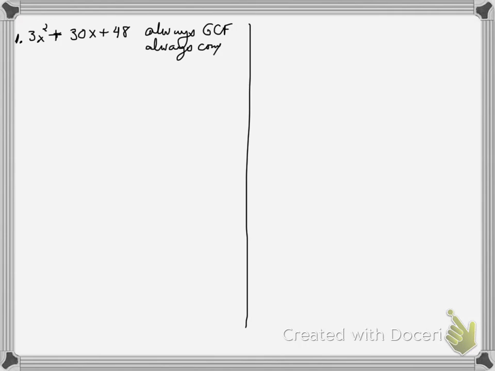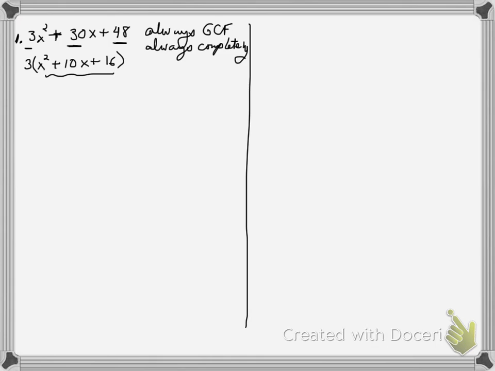So remember those 2 basic rules. So you always look, is there a number that divides evenly into these 3 numbers? And I say, yeah, there's 3 divides evenly. So I would be left with a 3 there, a 10 there, and a 16 there.